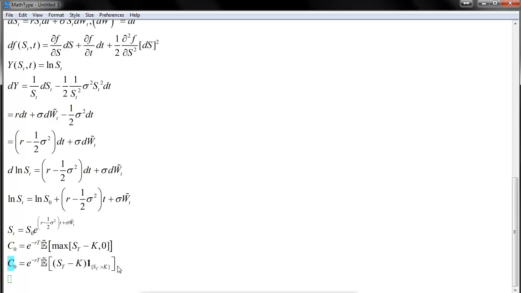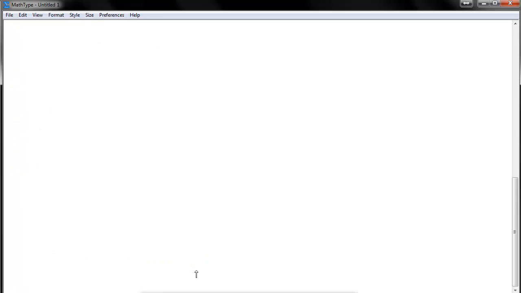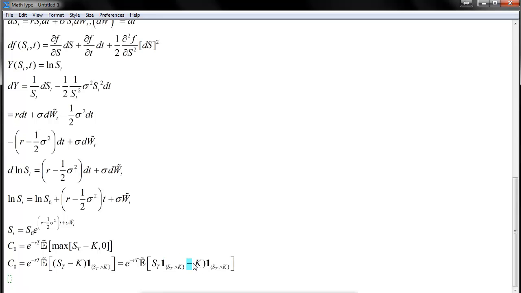But this is also equal to the risk neutral expectation of s T times the indicator minus k times the indicator.